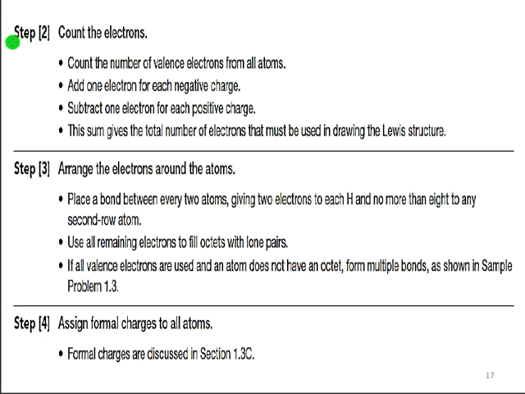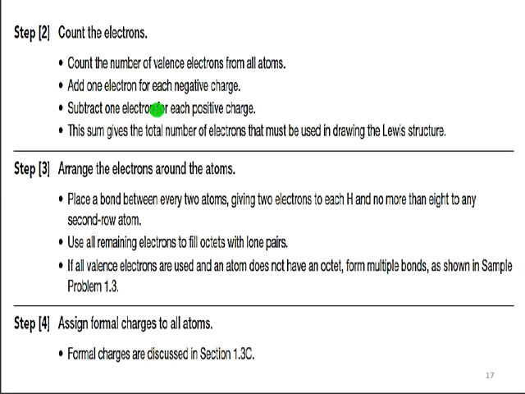Now step number 2, count the electrons. Count the number of valence electrons from all atoms. Okay, add 1 electron for each negative charge. That means if you have an ion with negative charge, you have to add 1 excess electron.